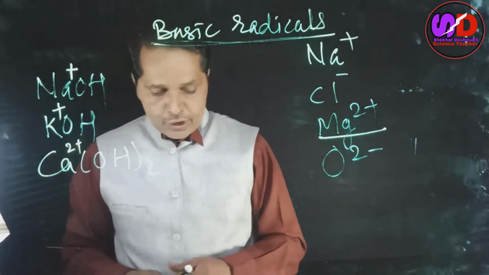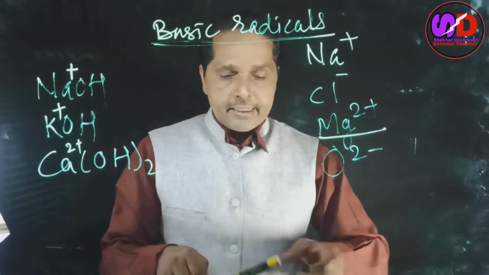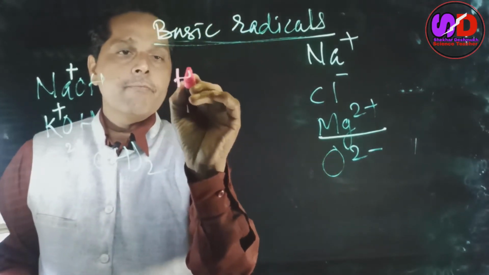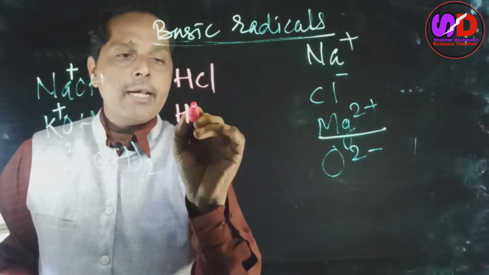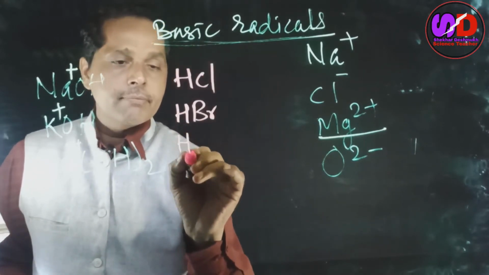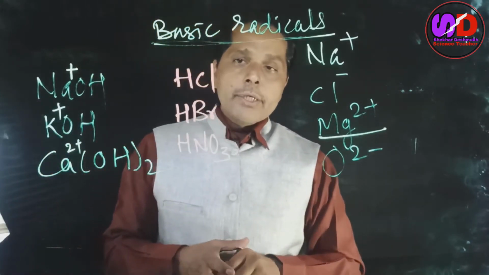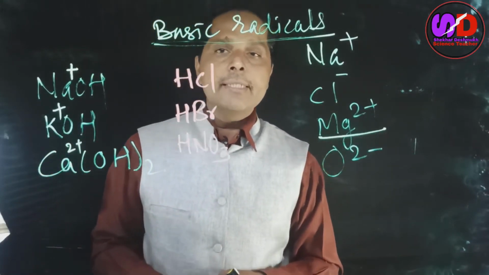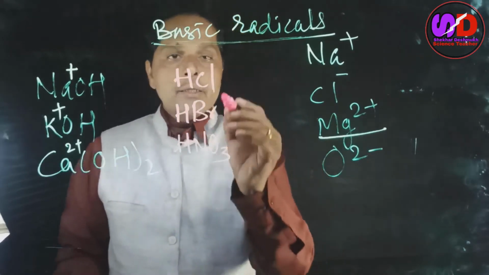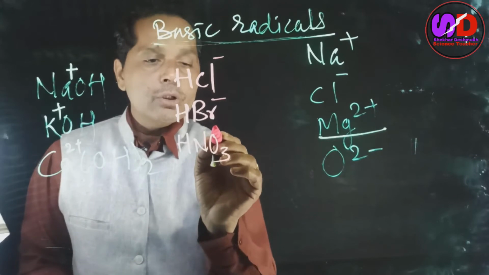Similarly, three examples are given here also: HCl, HBr, and the third one is HNO3. In these three examples, we can see Cl negative, Br negative, NO3 negative.